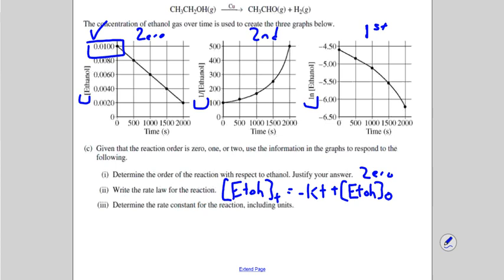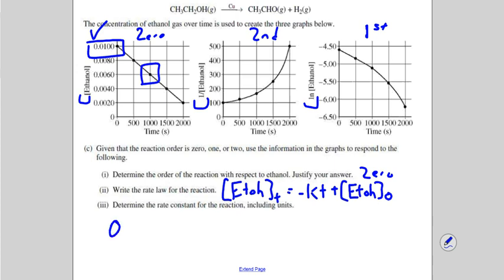Determine the rate constant for this reaction, including units. So now we just solve for k. To do that, pick a random point. In general, I want to pick a point that's easy to use. I'm going to go with that one because it's right on the dot for everything. So I can plug in values now since I know what everything is.